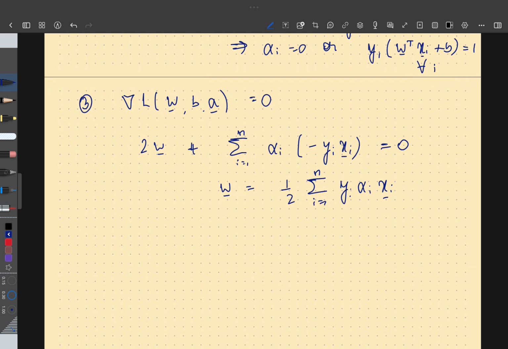So no matter what you do, the w that you ultimately get is just a linear combination of the data points.